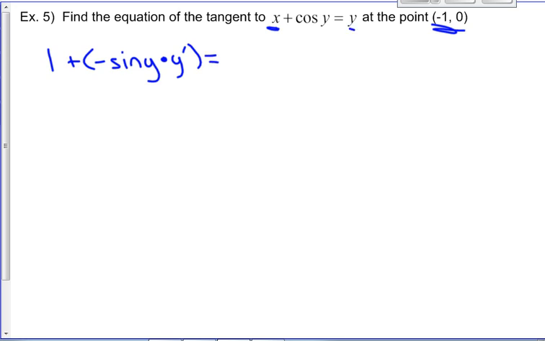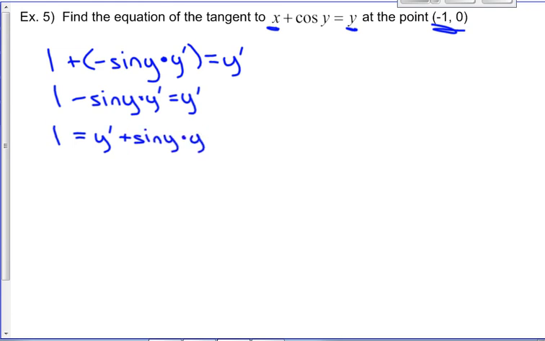Equals derivative of y, that's y prime. In other words, it's 1 minus sine y times y prime equals y prime. So again, we collect our y prime terms on one side. We treat y prime as a common factor. And we isolate y prime. 1 plus sine y.